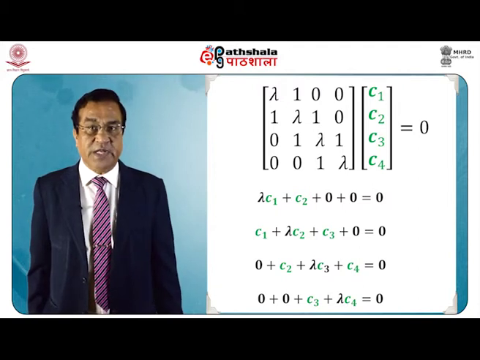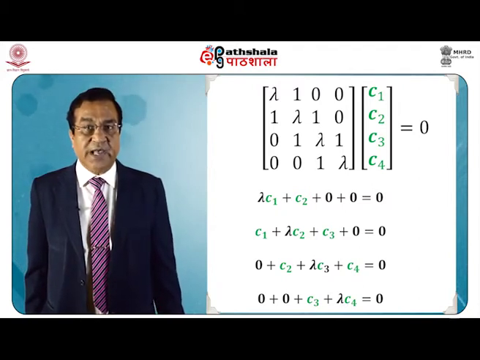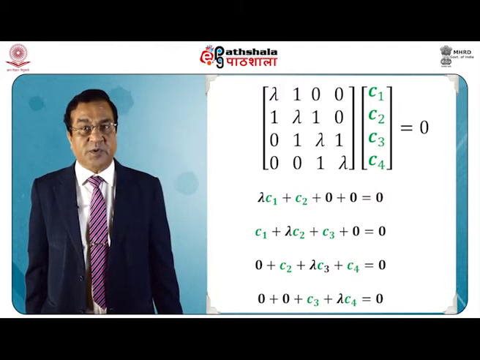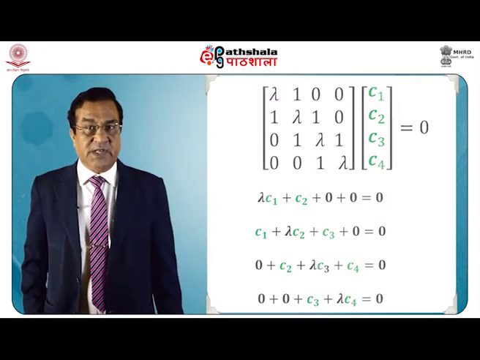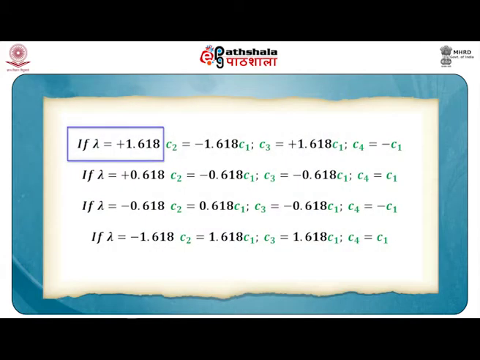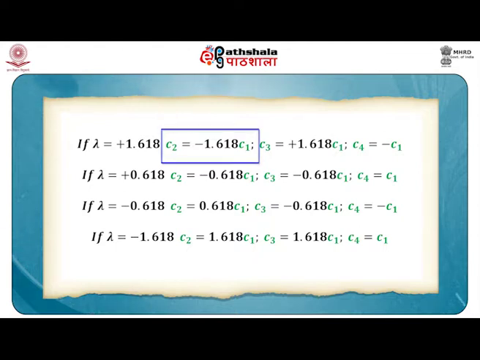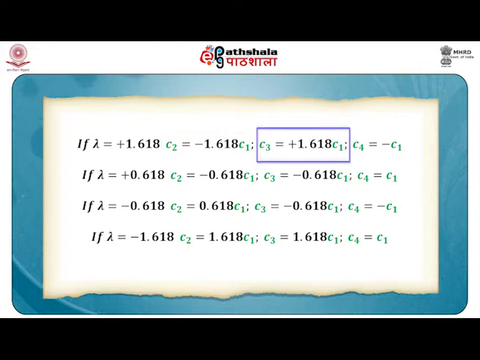And once we have the values of these coefficients, we will have the wave functions for the corresponding molecular orbitals. As you can see here, when lambda is equal to 1.618 beta, the corresponding coefficients become C2 is equal to minus 1.618 C1 and C3 is equal to plus 1.618 C1 and C4 is equal to minus C1.